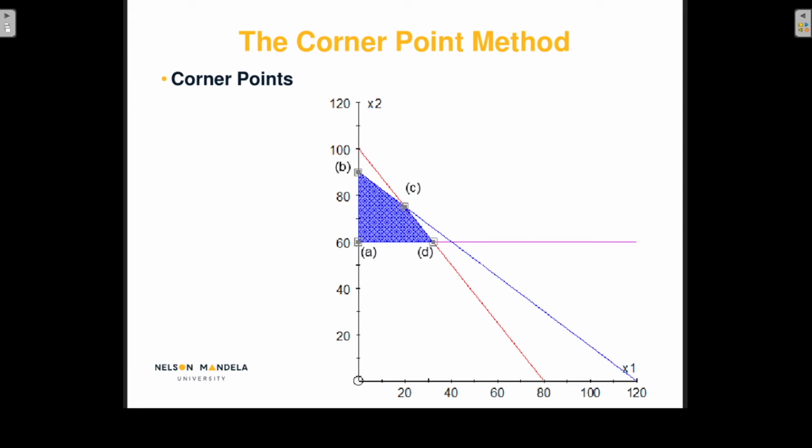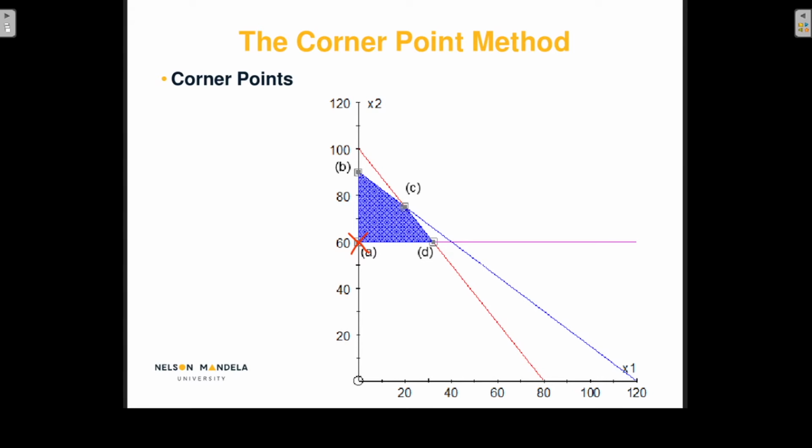Okay, so first of all, we are going to find the x1 and x2 values for corner point A. If you look at corner point A, we know that x1 is 0 because it lies on the x2 axis. So x1 must be 0, and x2 in this case must be equal to 60 because that is the line x2 equal to 60.